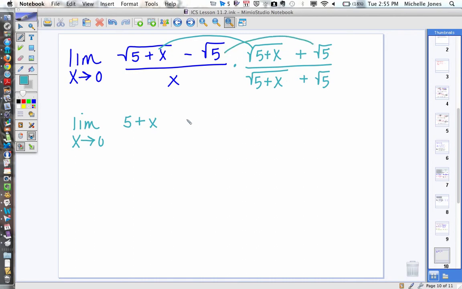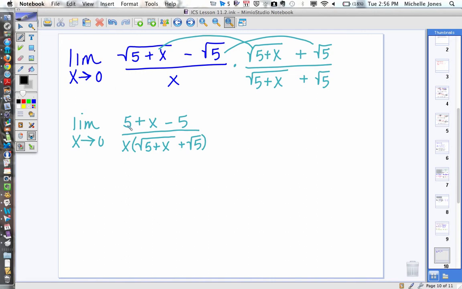And I'm going to jump right to my last term. Look at the square root of 5 times the square root of 5, which is the square root of 25, which I know is just 5. Look at my signs, it's going to be a negative 5. So that is over my new denominator, x, times, I'm going to put this in parentheses, just to keep it clean, the square root of 5 plus x plus the square root of 5.